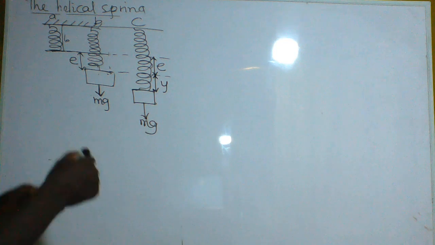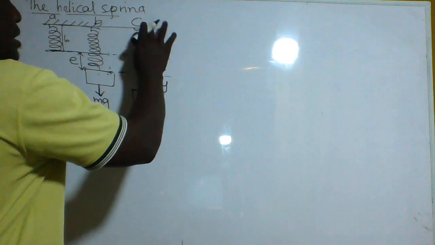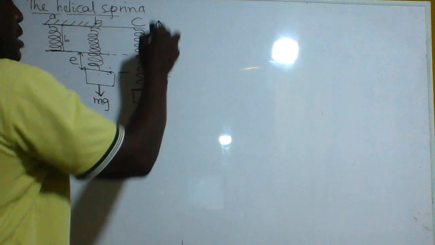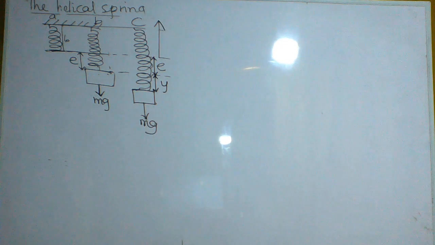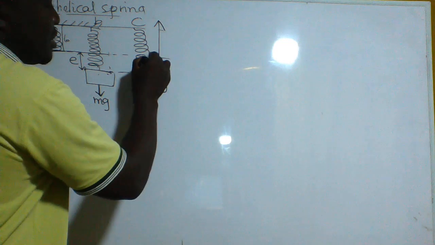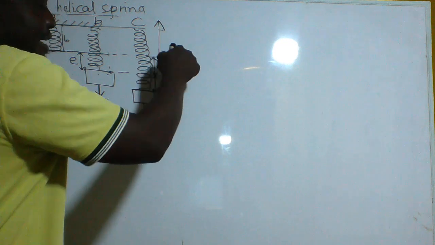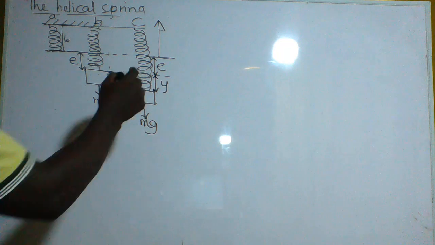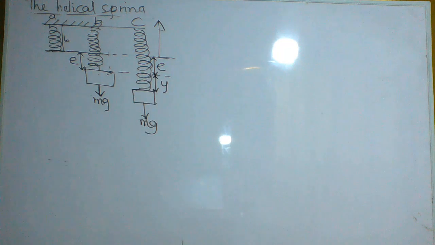Meaning there is a restoring force acting against the direction of the extension by the weight and the stretch by application of the force, which gives us an extension y.